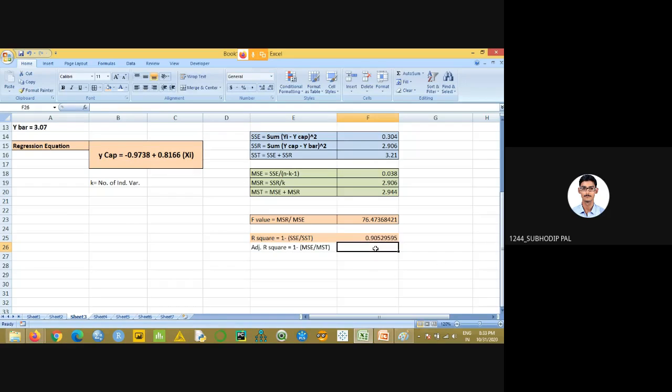I know all those values, I have already calculated them from the ANOVA table. 1 minus MSE, this one, divided by MST. This is what my adjusted R square value is. Okay. So this is the ending of the problem. Whatever we can calculate manually, that's the thing.